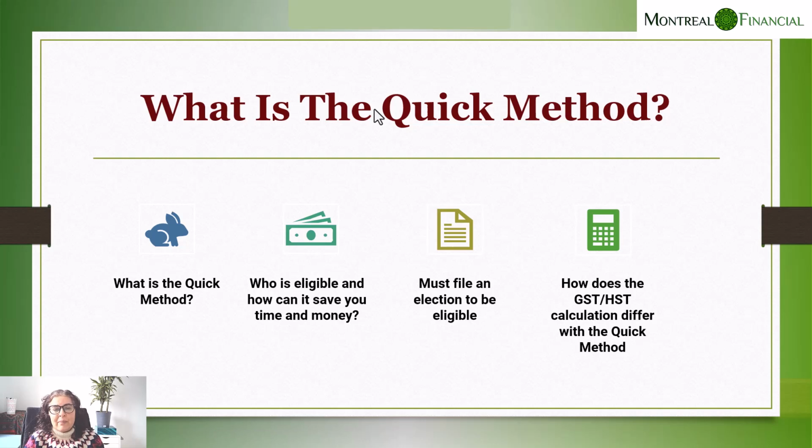With the quick method, and we'll go into a more detailed example, let's say you are collecting 5% GST from your customer. Using the regular method, you would have to remit this less the sales taxes paid on expenses to CRA, the full 5%. The quick method says that you actually can remit the sales taxes at a lower rate.